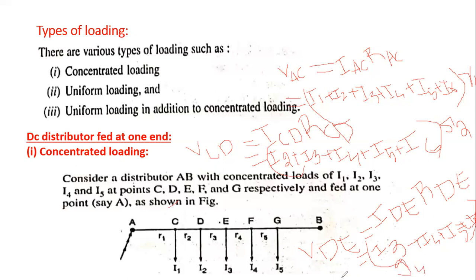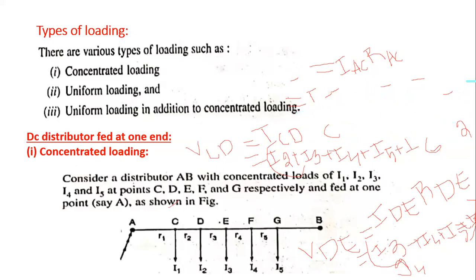Similarly, we can write down the voltage drop at EF section and FG section. Understand? These are the voltage drops at various sections.